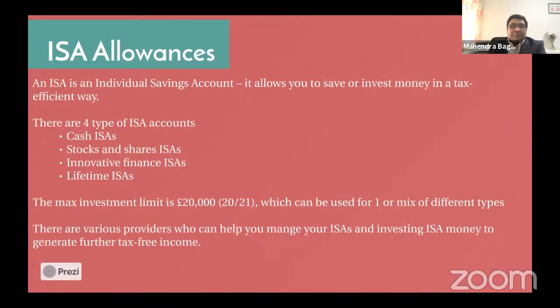ISA, I'm sure a lot of us are aware of it and utilizing this, but it has evolved over the years. They started with just one, cash ISA, but it has evolved into four types now.